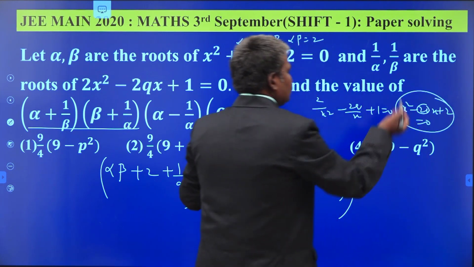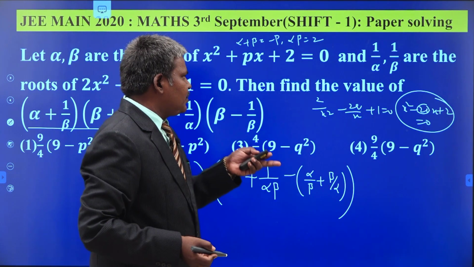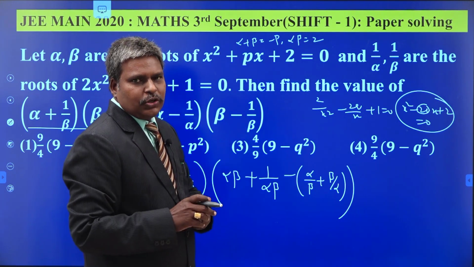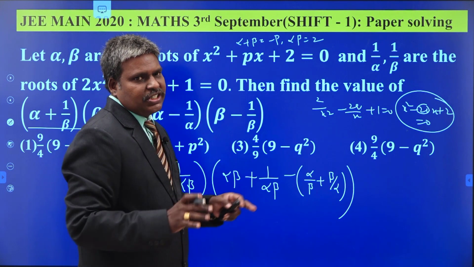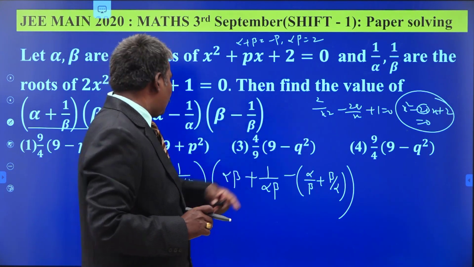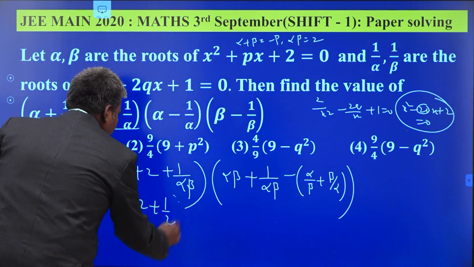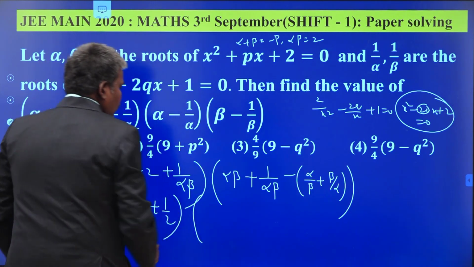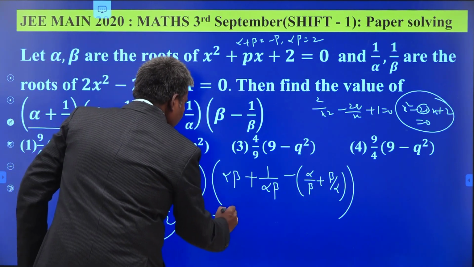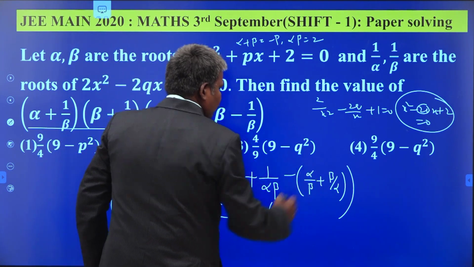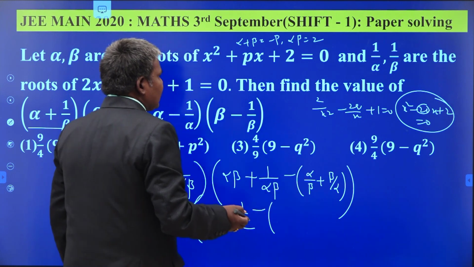So the sum of the roots is in terms of q in one equation, and in terms of p in the other. We are checking for p first and then go for q. The product of the roots is fixed. From both equations we have 2. So this is 2 plus 1 by 2. So alpha beta is again 2 plus 1 by 2, minus of alpha square plus beta square, alpha plus beta whole square.